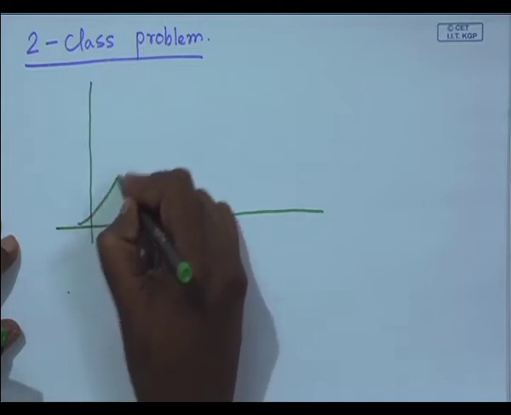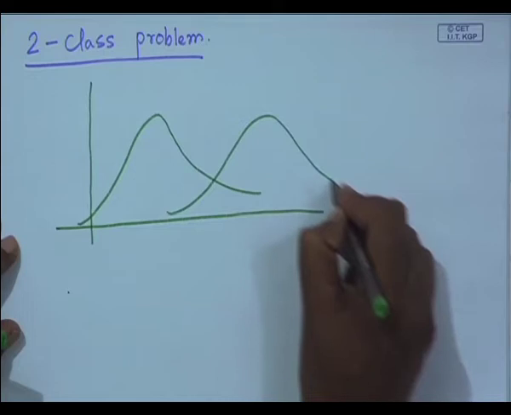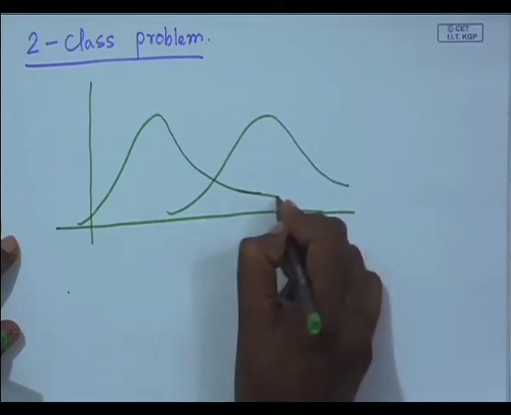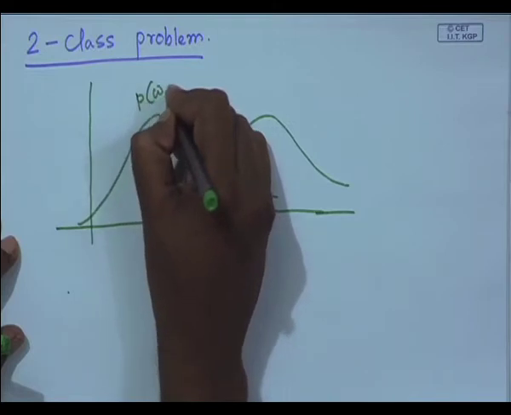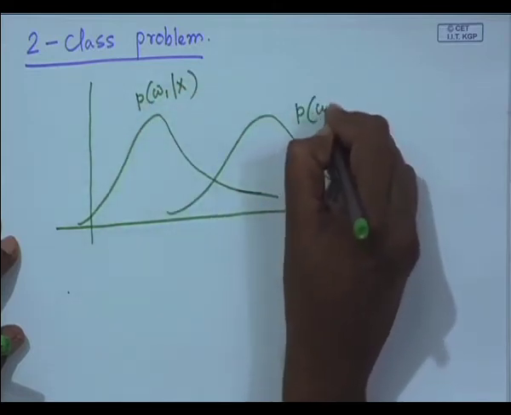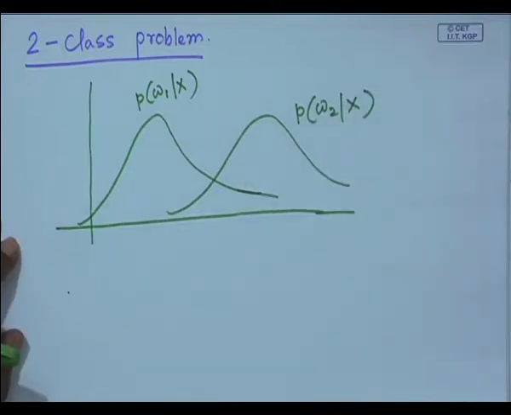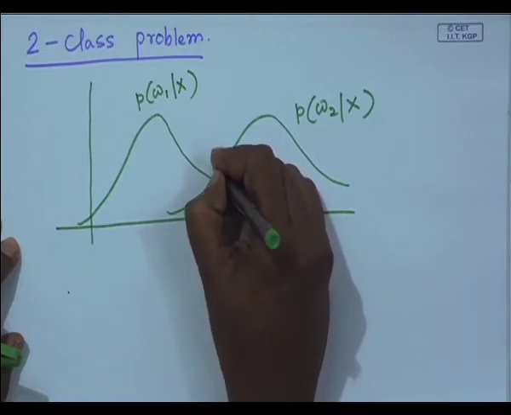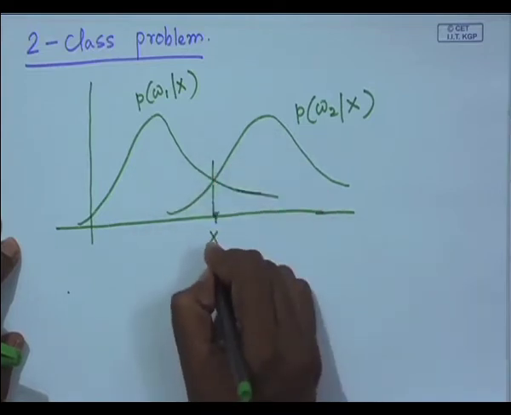I have set these two probability densities. So, this is P of omega 1 given x, and this is P of omega 2 given x. And for a minimum error rate classifier, we know that our threshold, our decision boundary, was somewhere over here. So, this is the x threshold.